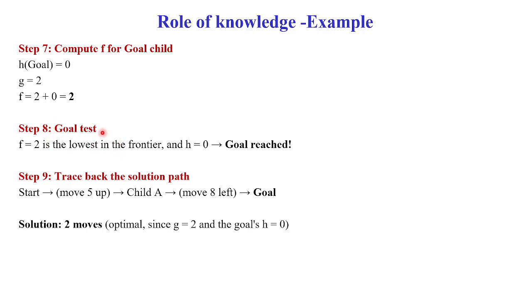So the search is completed. If you trace back the solution path, A star maintains the parent pointers, so we can work backwards from the goal to the start.